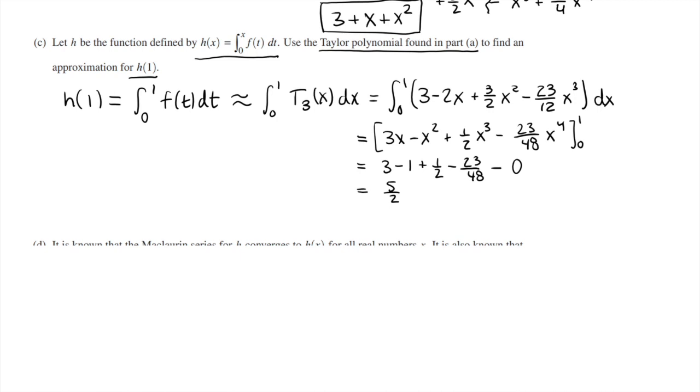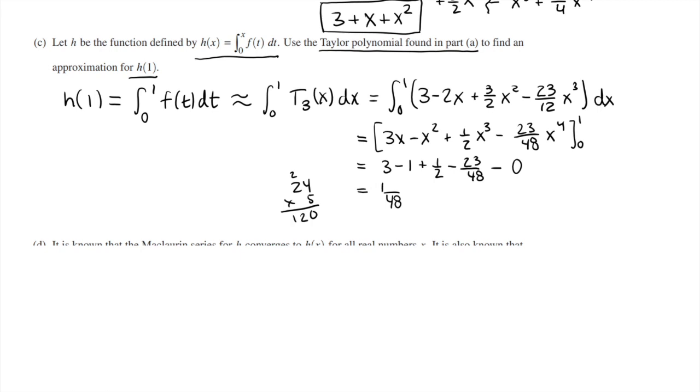And 5 halves, if I want to write that as 48ths, I need to multiply by 24 on the top and bottom. 5 times 24 is 120.